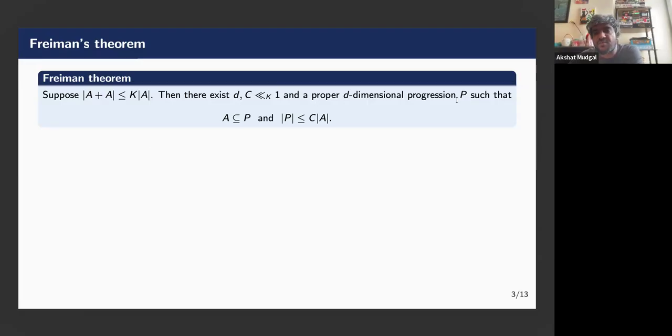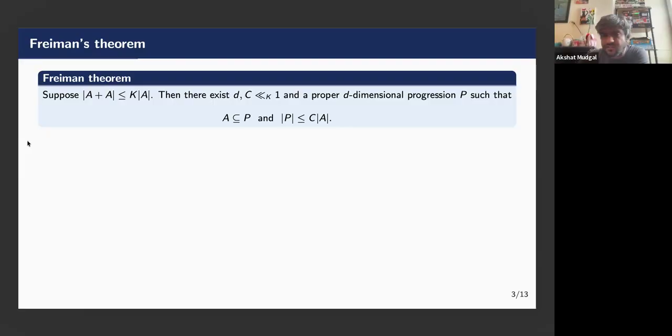Such that you have a progression P of dimension d, such that the progression P contains A. So A lies in some ambient progression, and the size of this progression is not too big in terms of A. It depends on this constant C, and the dimension D also depends on this constant. So the dimension is controlled, and the relative density of A in P is controlled.